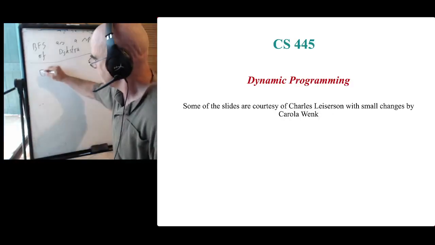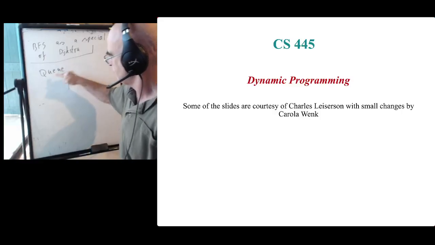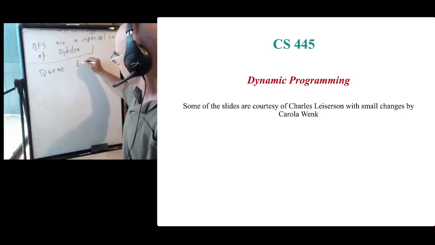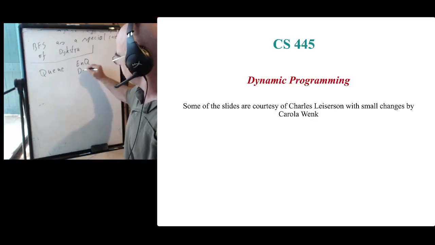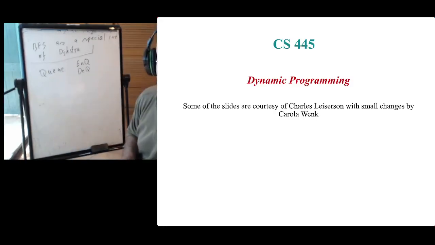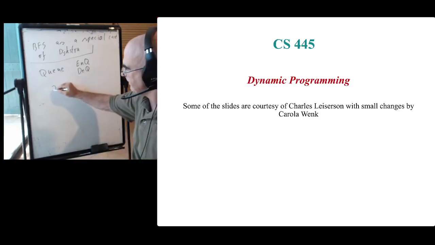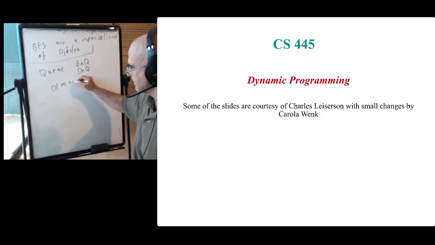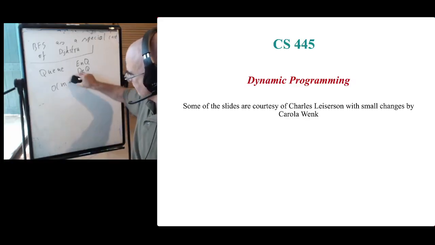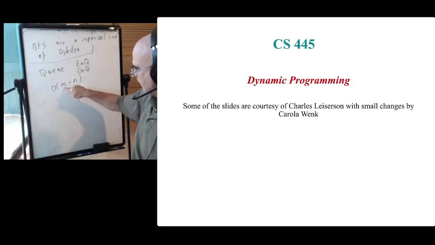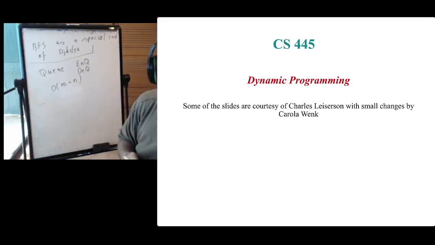I can just use a queue, store all the vertices in a queue, and perform the operations of enqueue or dequeue, removing a vertex from the top of the queue and inserting a vertex at the tail. Each operation costs constant time, and the running time of the whole BFS is order of n plus m, which is optimal because that's the time it costs to read the graph, as good as I can get.